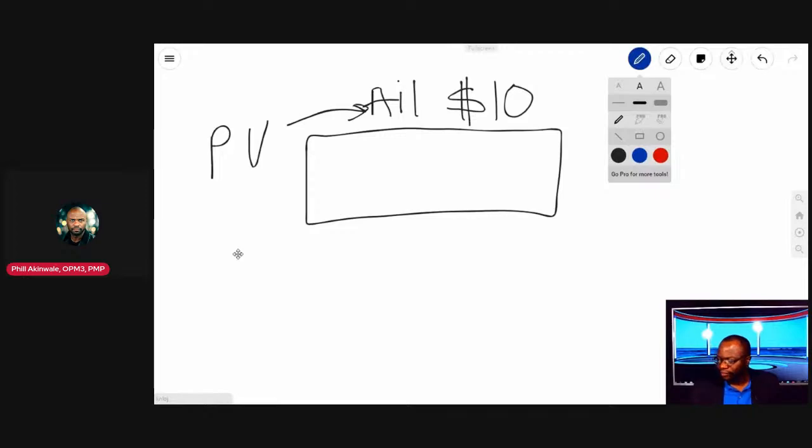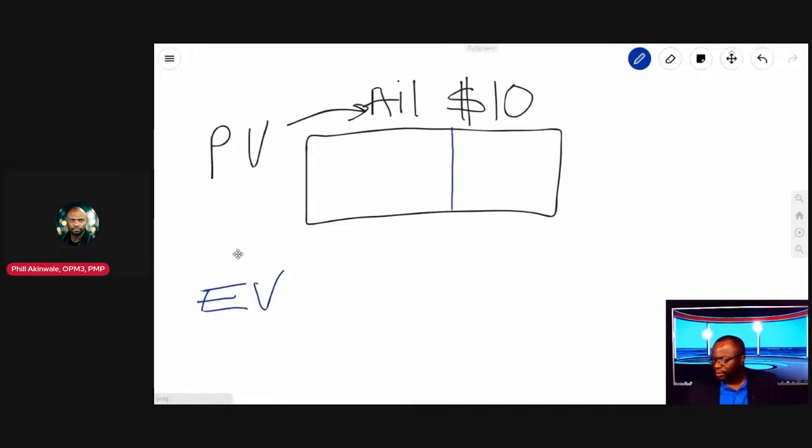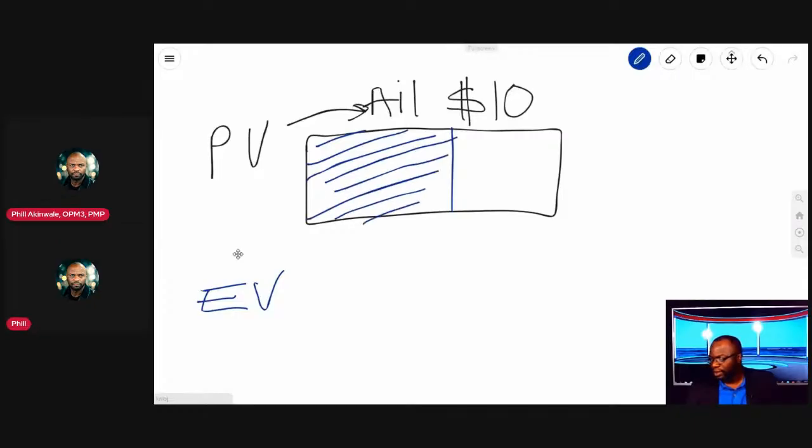Let's take a look at earned value first. Earned value would be, for example, within the time box, I did not get all of the work done. I got this shaded area done. Someone looks at it and says, that's 60% of the work.